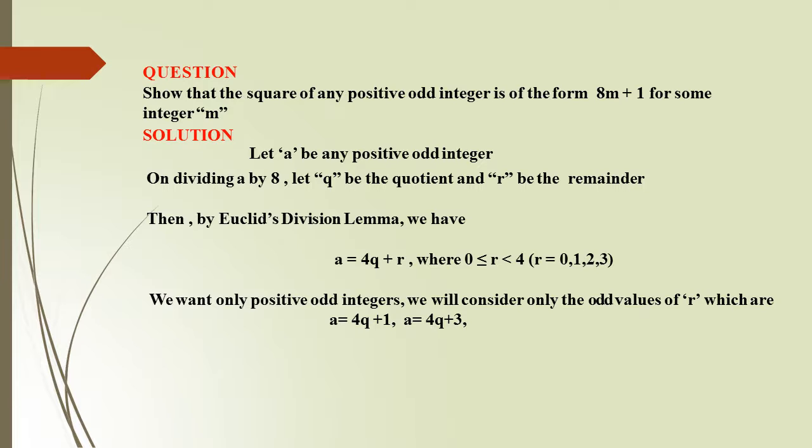Had the question said any positive even integer, then we would have taken the values 0 and 2, because 4 is an even number. But since it is a positive odd integer, we will be taking the possible values of the remainder as 1 or 3, and only 2 cases we will be checking here.